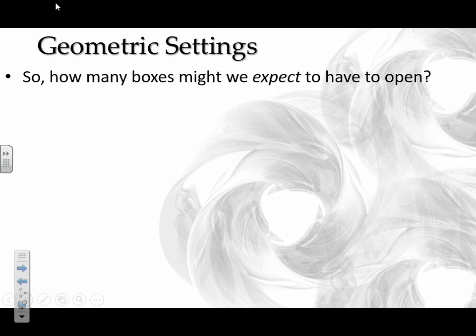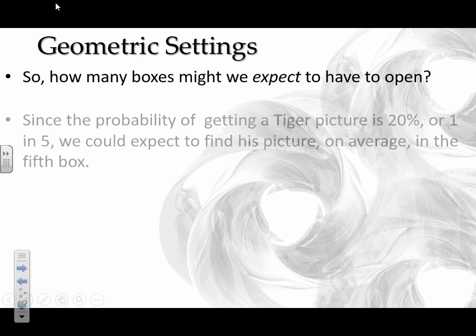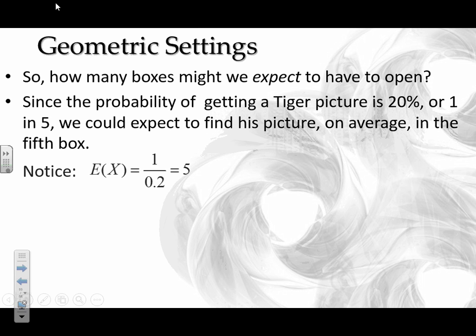Another way of thinking of that is if we have a 20% chance, if we convert that to a fraction, 20% would be 1 over 5. So one box out of every 5 should contain a Tiger Woods card, right? So what this does is allows us to formulate a formula for the expected value of a geometric setting.